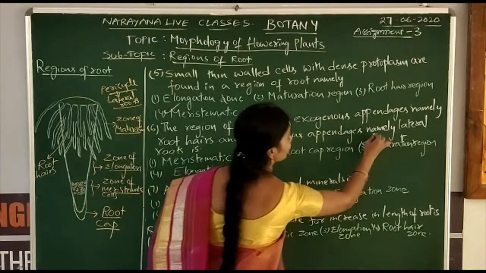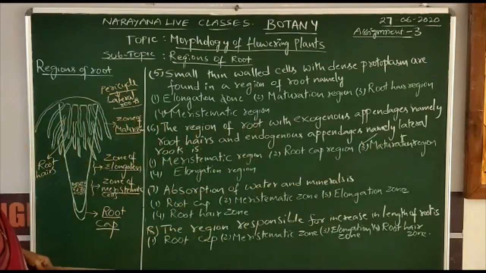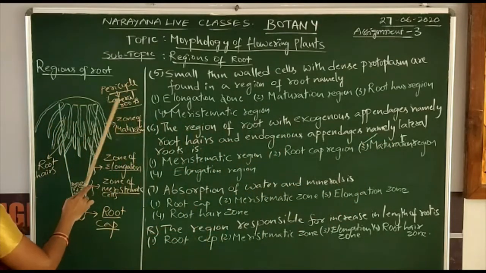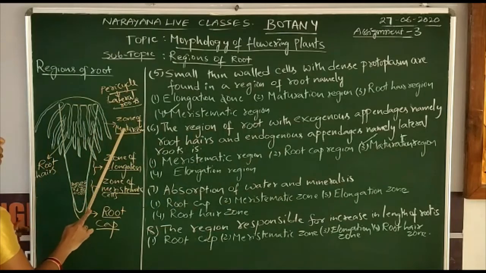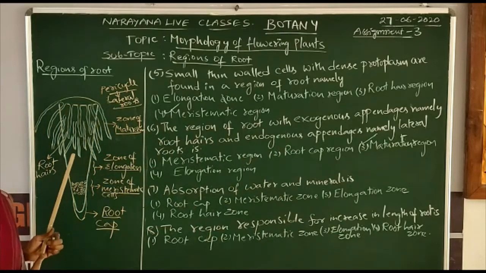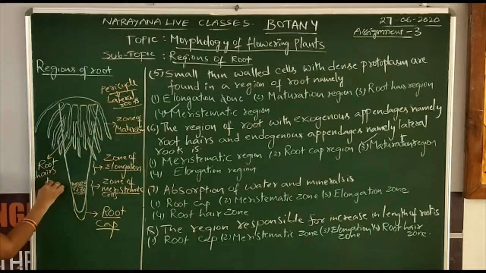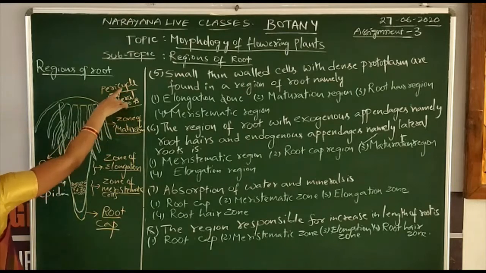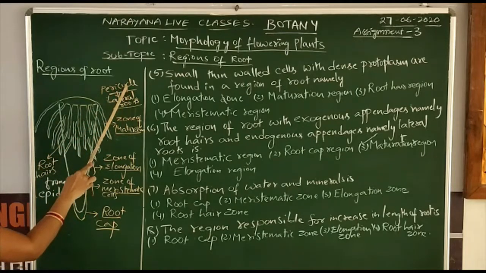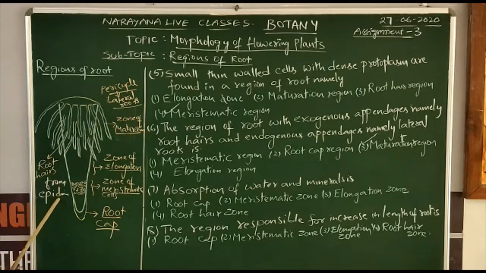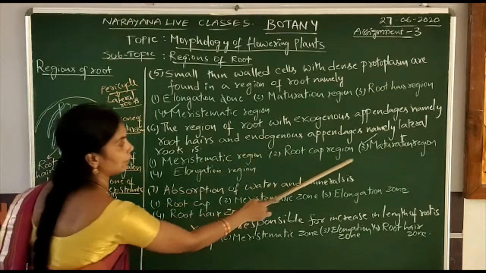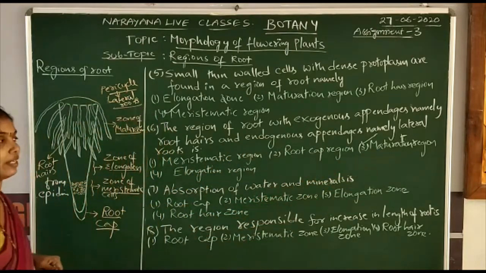In the maturation region, you can see the lateral roots from the pericycle and the root hairs from the epidermis. So root hairs develop from the epidermis and lateral roots from the pericycle. So lateral roots are endogenous, root hairs are exogenous. Both are developed from the maturation region.